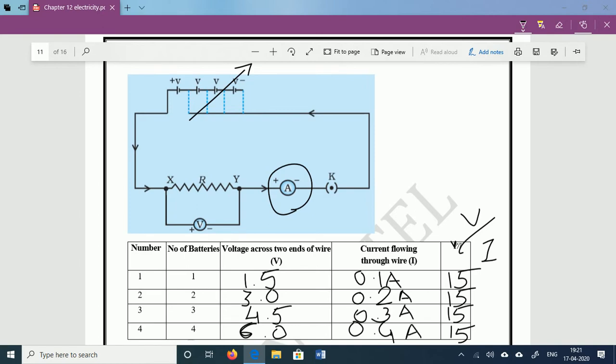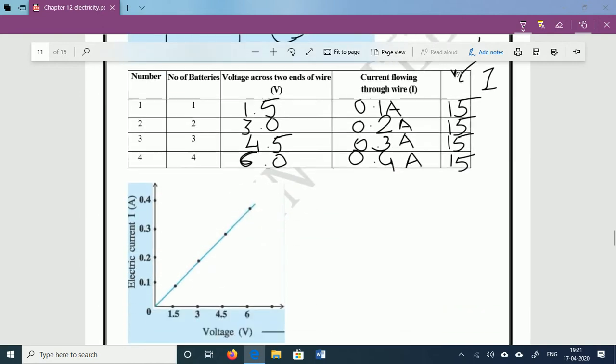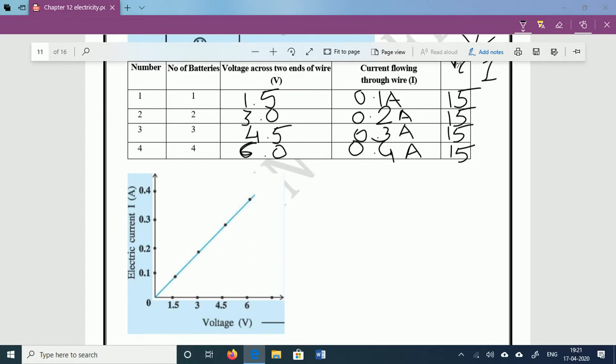From this he came to know that the ratio remains constant, meaning there is a direct relation between electrical potential difference and current. He plotted the graph of voltage versus electric current and observed that a straight line is received. It means there is a direct relationship between voltage and electric current.